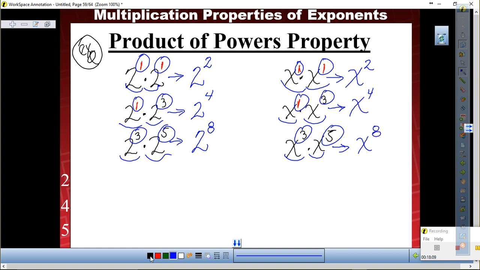Okay, and just to clarify, 2 to the 3rd times 3 to the 7th. Talk it over with your neighbor, see what's going on with that property. See what the rule is. What is the rule?